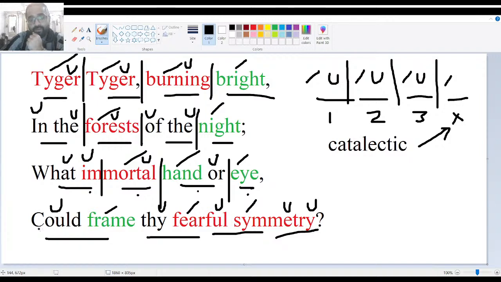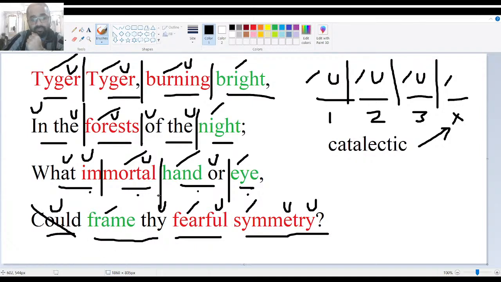But if you do something with the word could here, suppose this is not there, then the line becomes trochaic, right? In fact, you have a dactyl here.